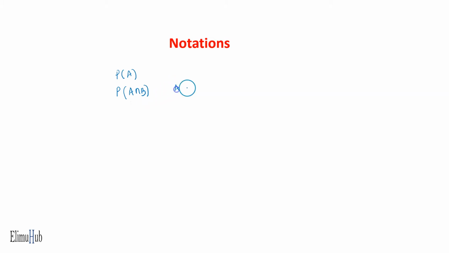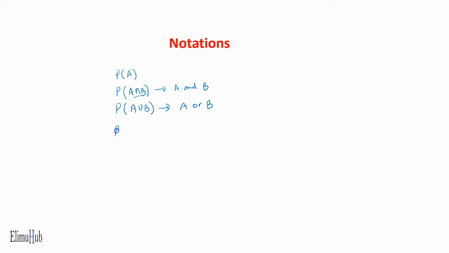And if we have probability of A union B, then it means A or B. So this is called intersection. A intersection B means A and B must occur. A union B means A or B is allowed.